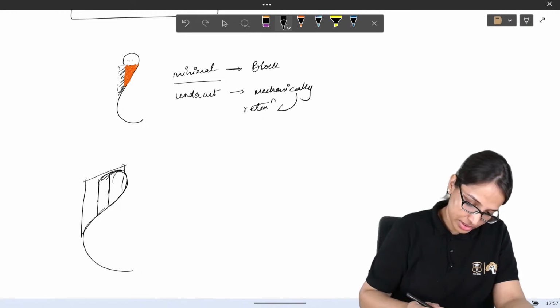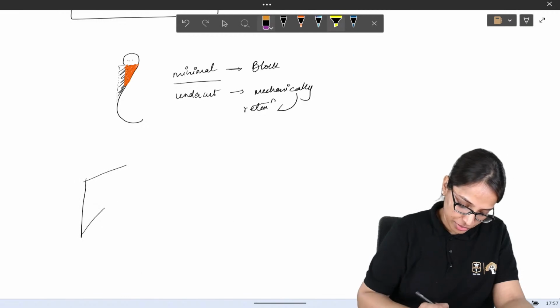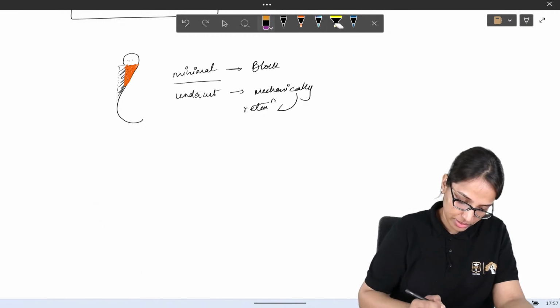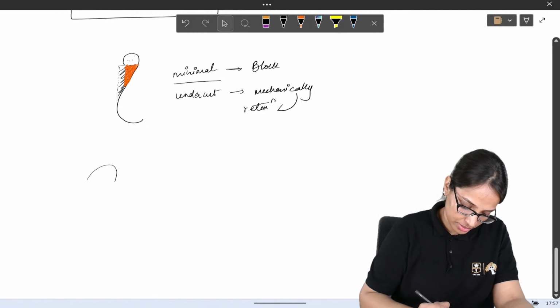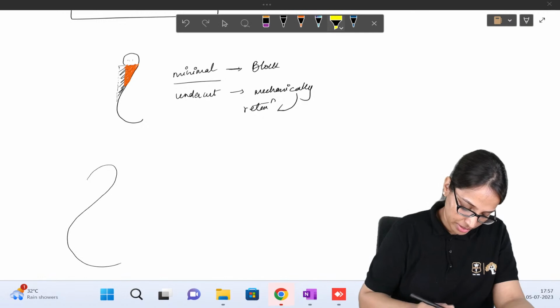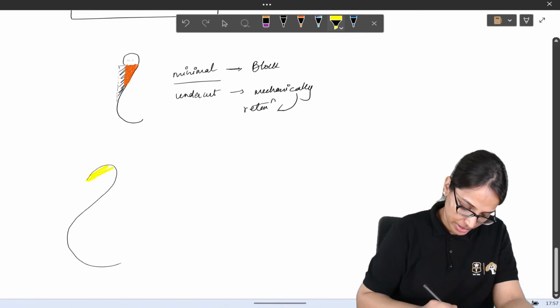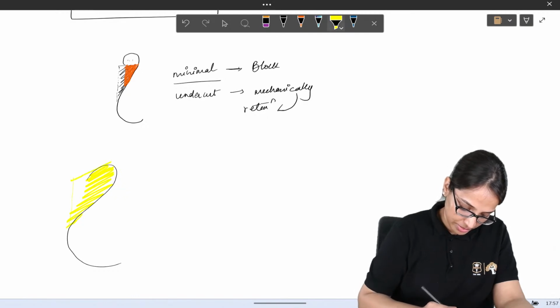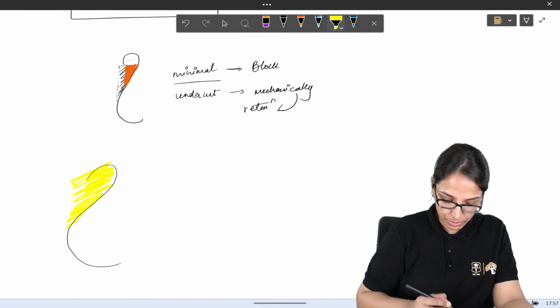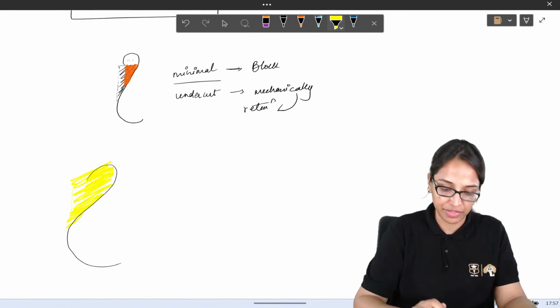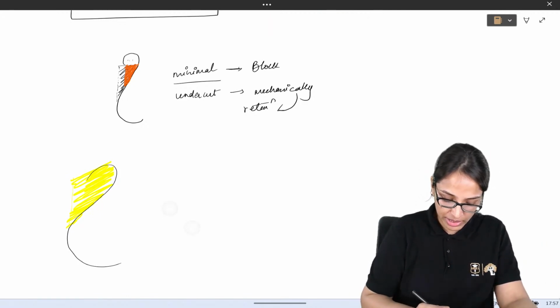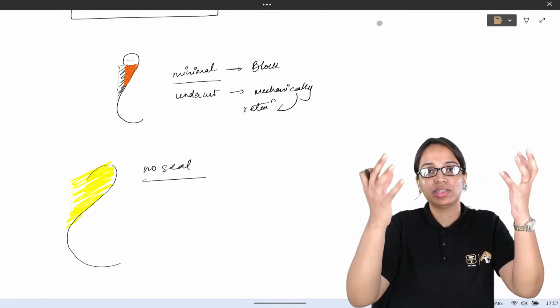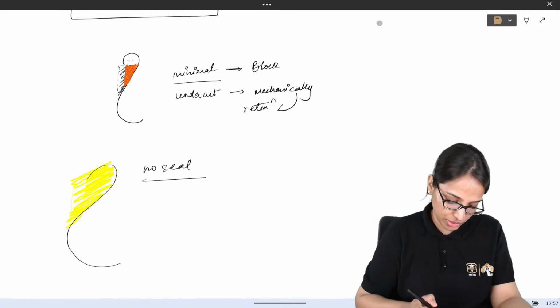So this would be my entire range of undercut. As we see, blocking this much means obtaining no peripheral seal. You would have absolutely no seal. You just cannot block it because the entire denture will just fall down. In such a situation, what do you do?